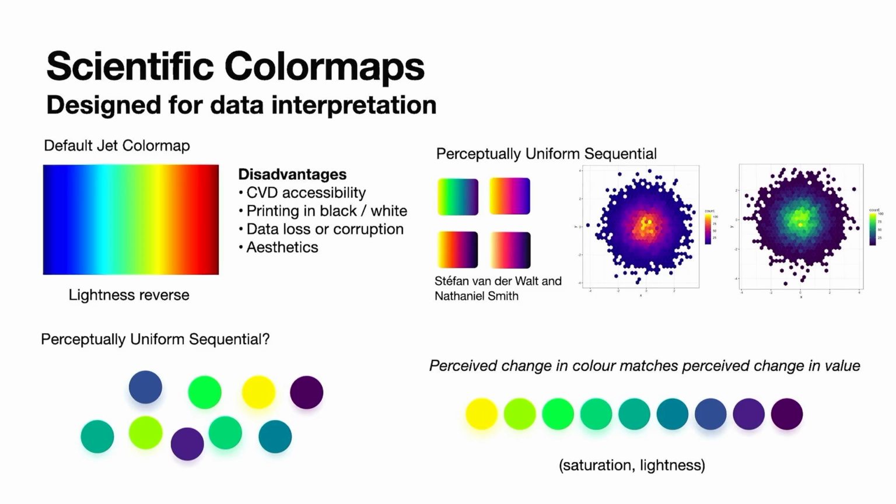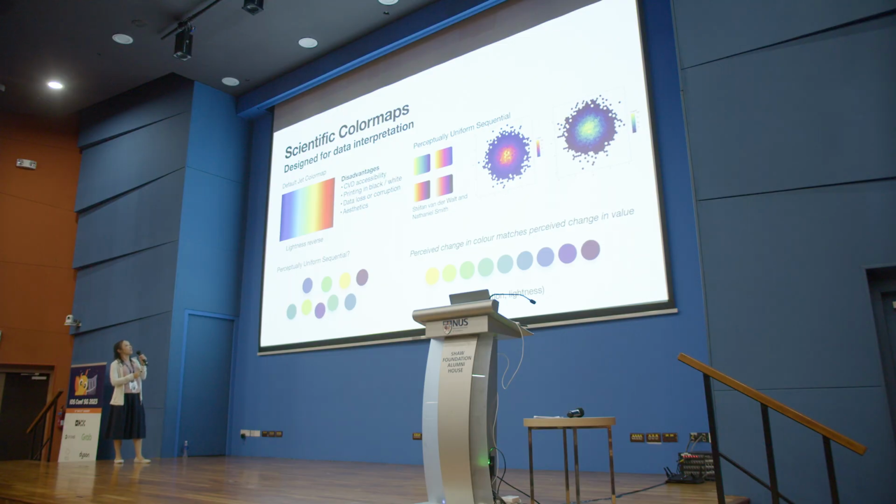I'm sure a lot of you, especially if you've used R, Python, D3, or any of these packages to visualize data, have seen different color maps, and you're probably familiar with the default jet color map. That would be this map that you see up here. This map is very commonly used in science and engineering.